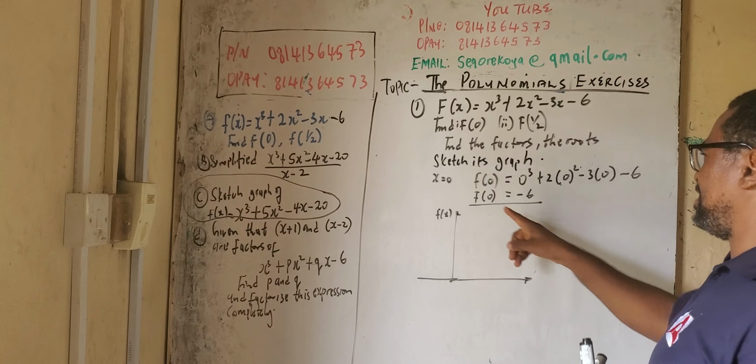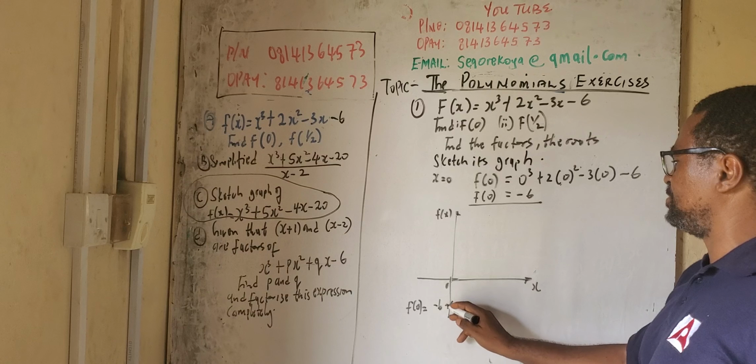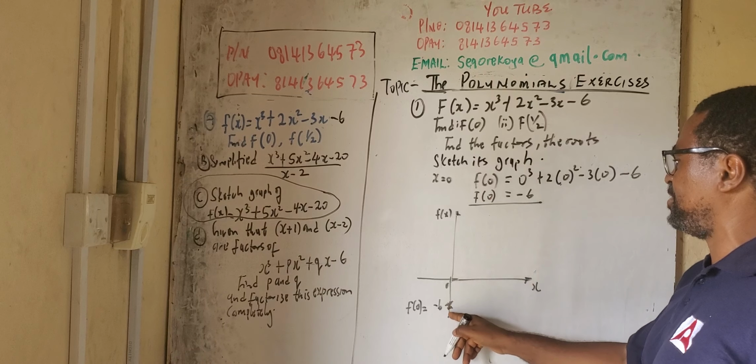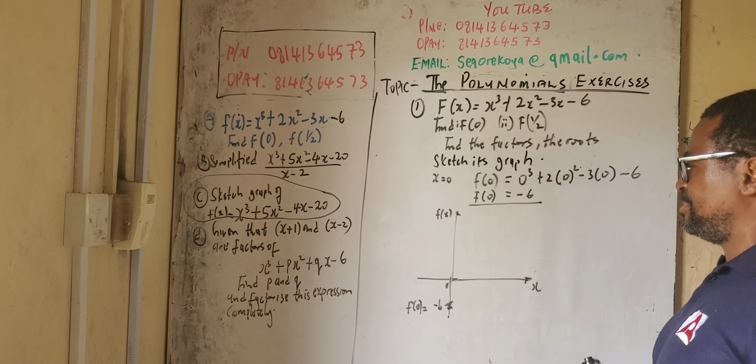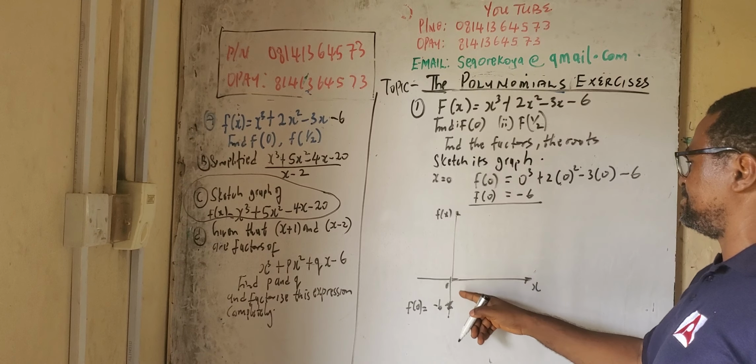Because f of 0 is equal to minus 6, the value of your x is equal to 0. So it's mentioning this particular point. That's the meaning. The values of our x are on the horizontal axis, and the values of our y are on the vertical axis. So that's what this one is talking about.